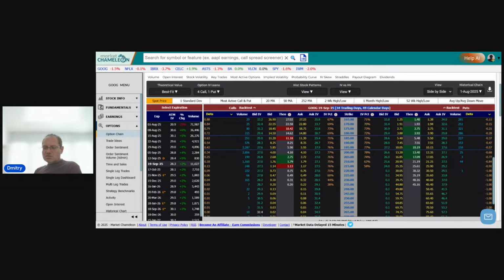Now to compare that, we would have to look at the next day and the day after a similar option. That means it still has to have 34 trading days with the same distance of the stock, because if you're looking at an option with fewer days or more days, you're not comparing the same thing.